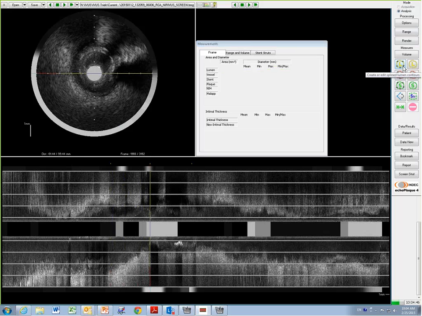So in my mind, this is not suitable for BVS, so I just skipped it very early. Because there is a problem with overexpanded BVS. So I totally agree with you. This is possible, but I wouldn't dare to put a BVS in this patient. Yeah, okay. That one I agree.